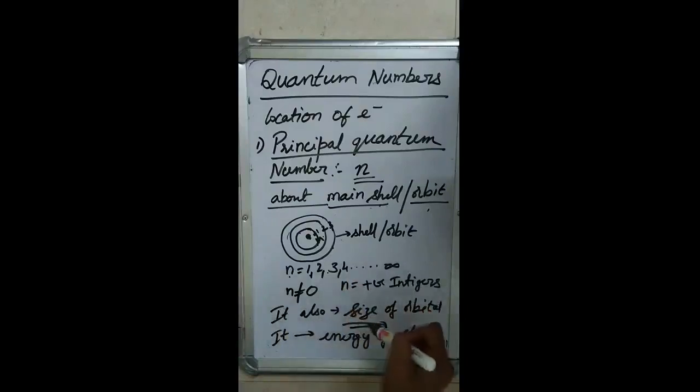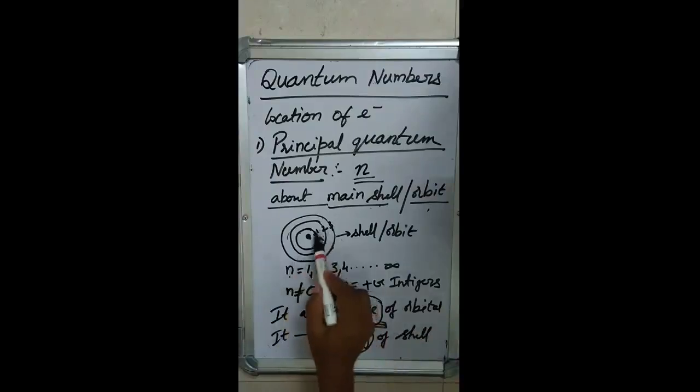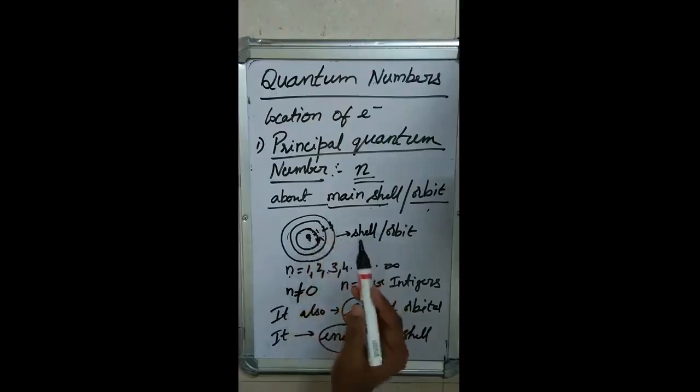It also gives the information about the size and energy of the orbital. That means if a shell is very close to the nucleus, its energy is very less. If a shell is far away from the nucleus, its energy is more.